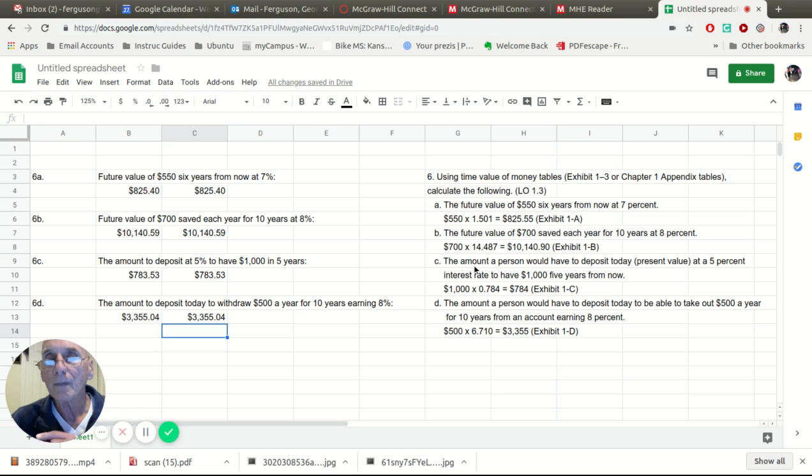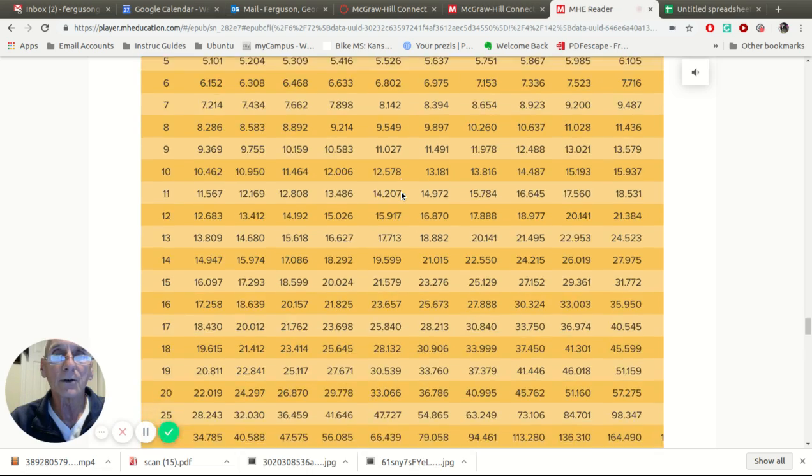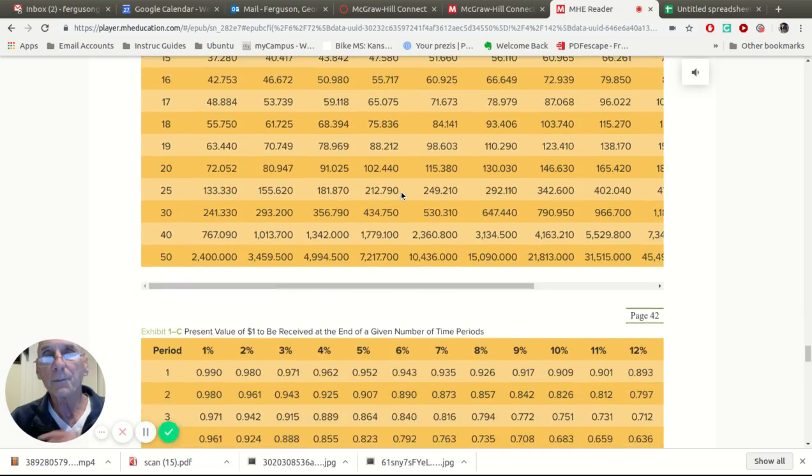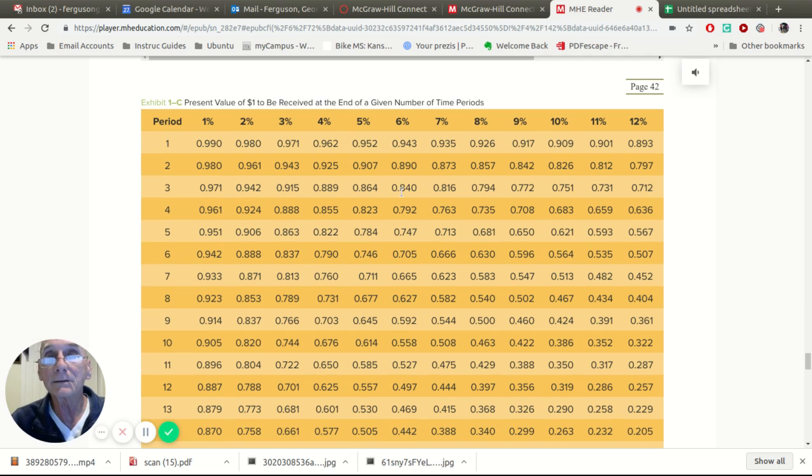Now, if you're going to find the present value, in C, it's saying, how much do I have to put away today? The present value. If I'm going to get 5% interest and I want to have $1,000 5 years from now. So you go to table 1C, the present value of a single amount.